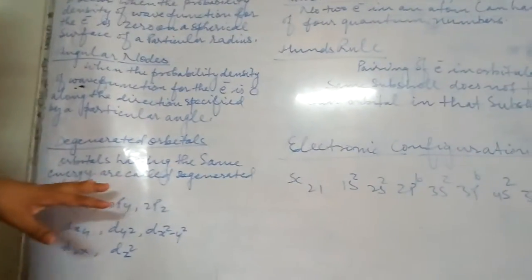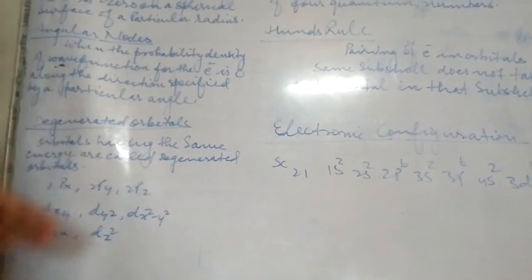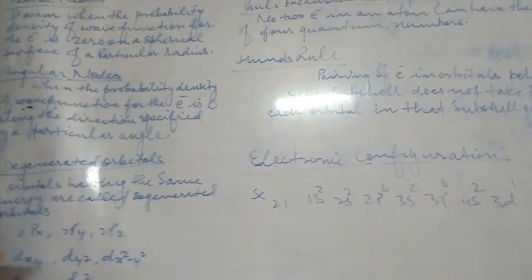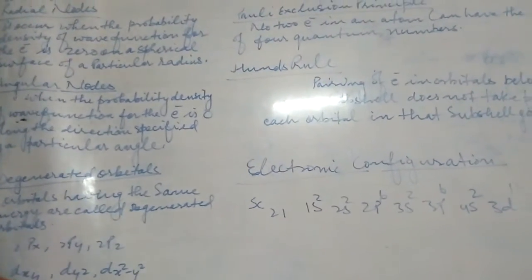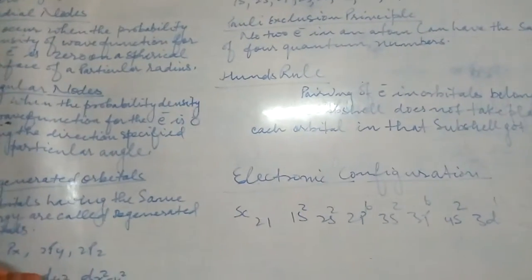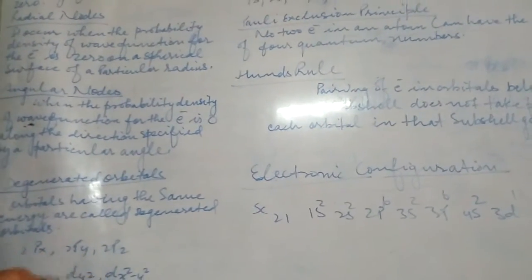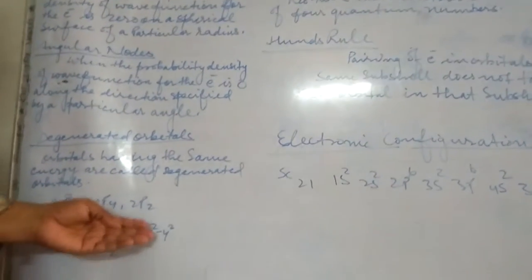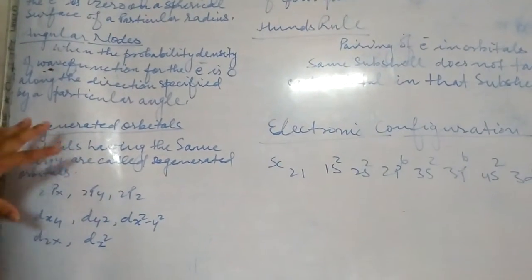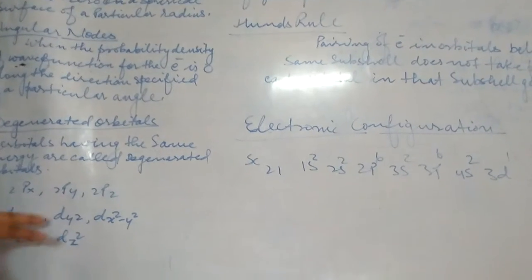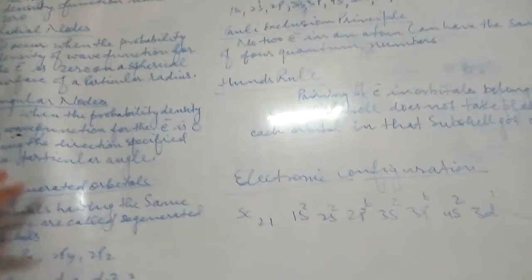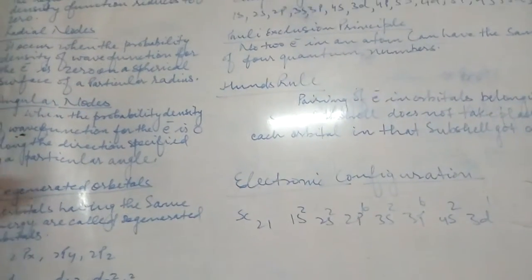These are considered degenerate. Likewise in the d subshell there are 5 orbitals with designation dxy, dyz, dzx, dz square, dx square minus y square. So all these 5 orbitals possess the same energy and are considered degenerate orbitals.